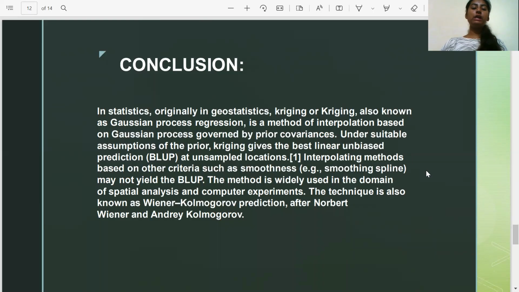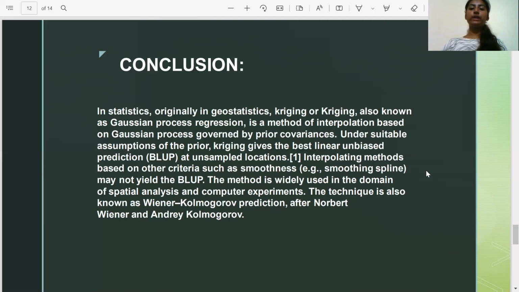Under suitable assumptions of the prior, kriging gives the best linear unbiased prediction at unsampled locations. Interpolating methods based on other criteria such as smoothness may not yield the most likely prediction.